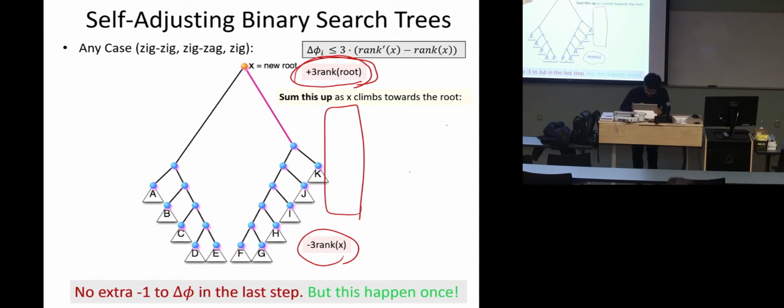But actually what you get also is what? You get this thing, but also minus, and this is important, minus the number of zig-zig and zig-zag steps.